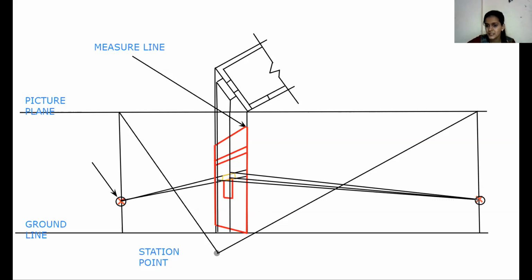Similarly, I am also connecting the topmost point of the yellow rectangle up to the next vertical line. So now we have these 4 lines. I'm removing these left side lines. Now we have these 4 lines and 4 extended points. So where the 4 extensions meet, it's the front side rectangle.